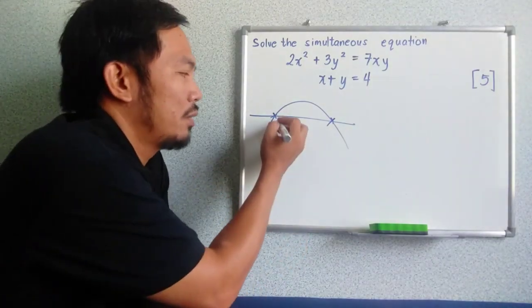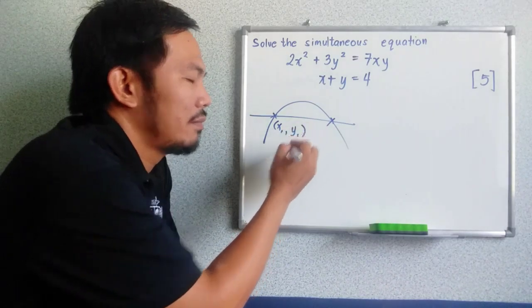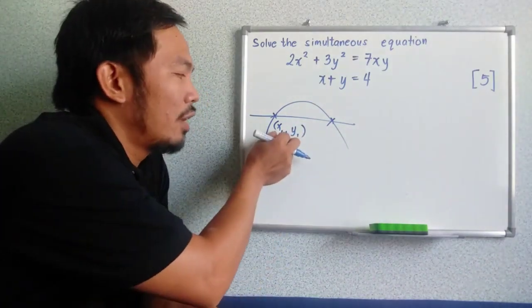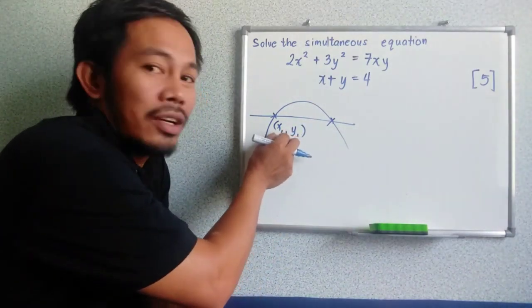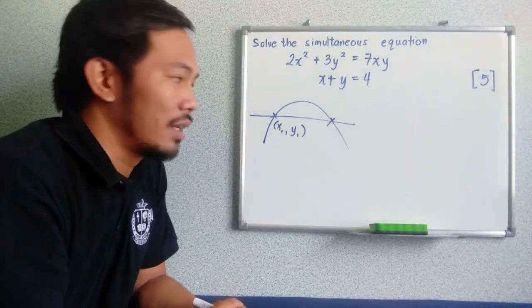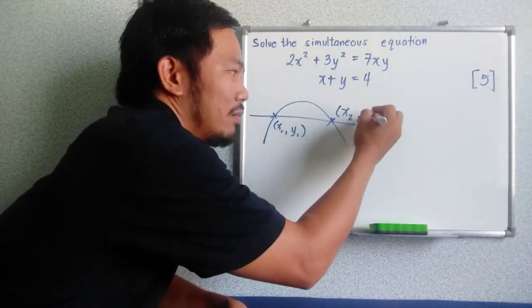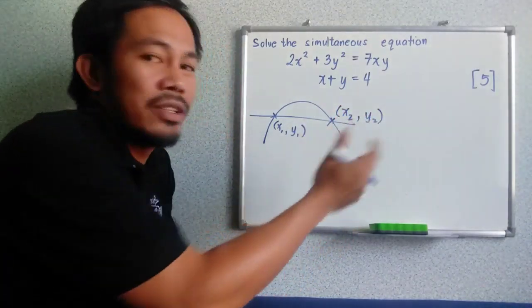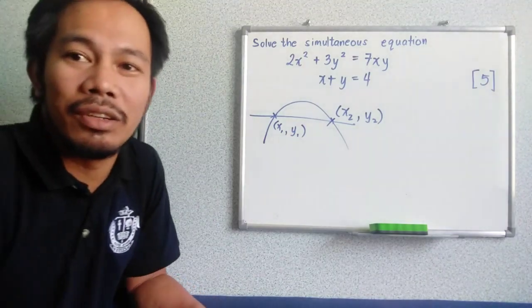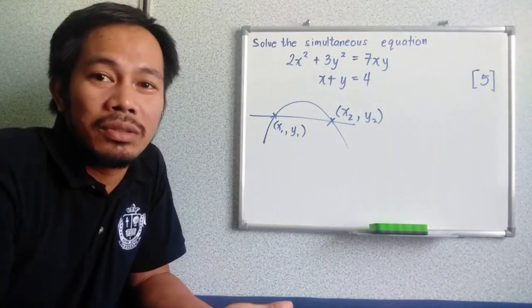Thus, it gives you a result of x1, y1. So there's one value of x and a corresponding value of y. And there's another value of x2, which corresponds with another value of y. That is very important to take note.